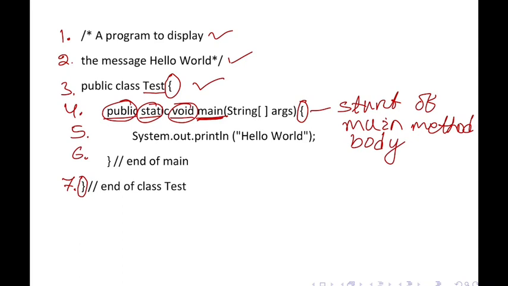So one corresponding end curly braces or right curly braces should be there, and that is at line number 6. The right curly braces present at line number 6 signals the end of the main method that we have written here.